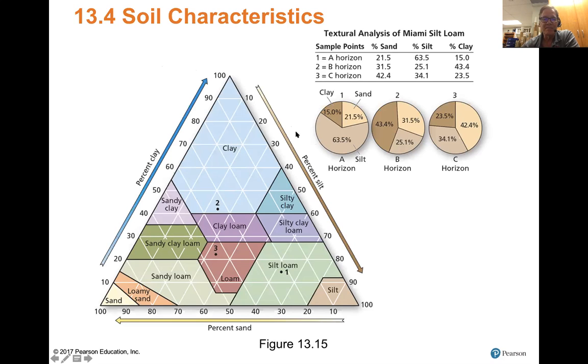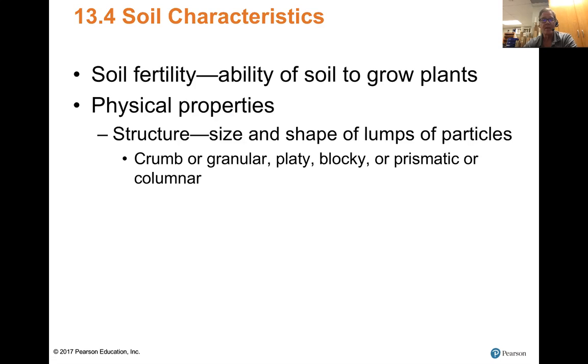It's based on the relationships, the percentages of silt, sand, and clay. And that will give you some idea of the composition of soil and whether it's going to be conducive for growing agriculture, or if it is, what kind of agriculture is best for it.